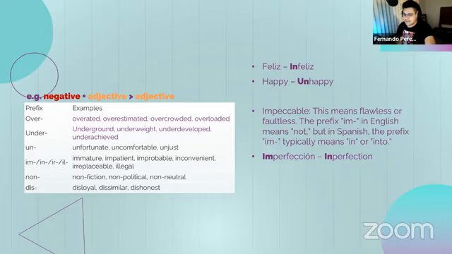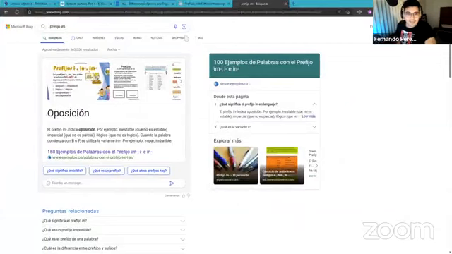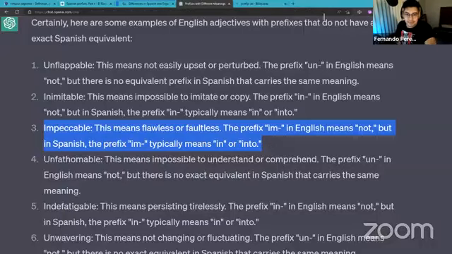So there are a lot of words that can be very tricky, that can be very helpful if we contrast them with our Spanish.